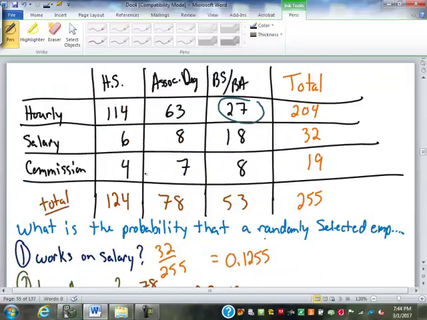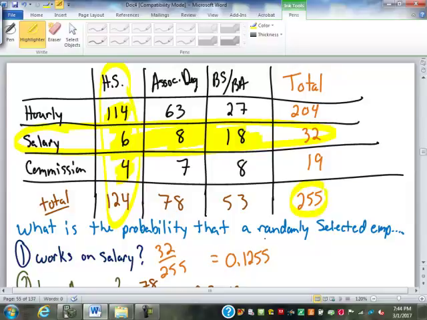So if we go up to our table, high school is this one, salary is this one, and it can be either one. There's two ways I can approach this. I have 5 numbers here that I could add together. That would give me how many have either a high school education or work salary. Of course, that's out of 255. So let's look at doing it that way first.